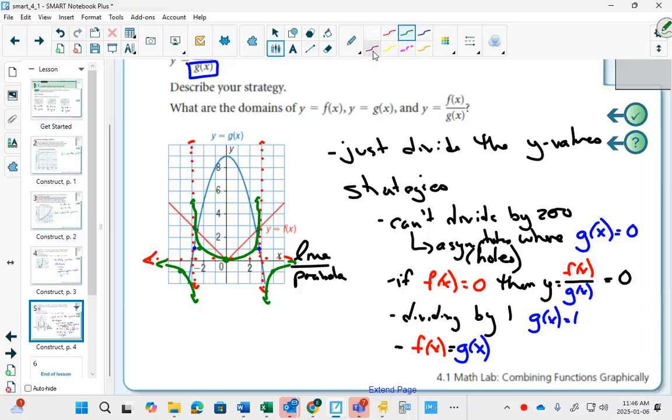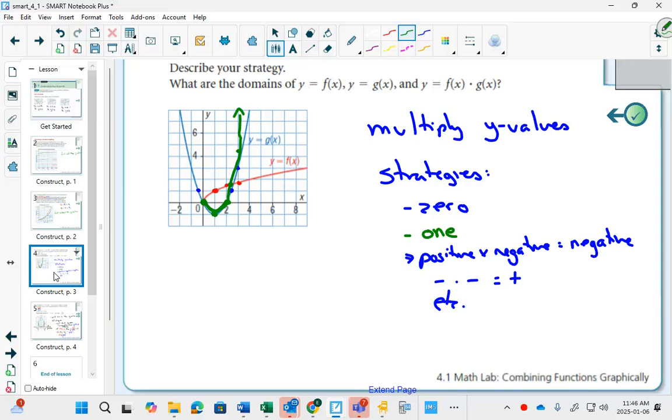Actually, a really good strategy, even in the last one, if you look at this, this is a parabola times a square root graph. Sometimes you can do that. Like, if I took a parabola and I times it by a square root graph, is that a graph that we've worked with a lot? No. So I don't know the shape of it.